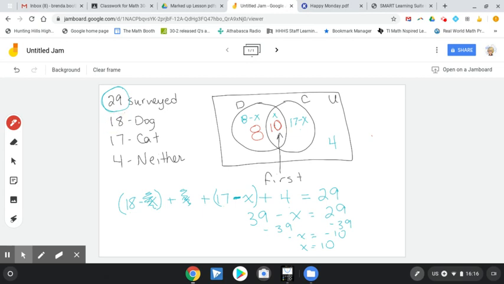We'll do the same thing to finish off the cat circle. So 17 subtract X, or 17 subtract 10, tells us that there would be 7 in this section. And then 4 is one of our values as well. So there is our Venn diagram.